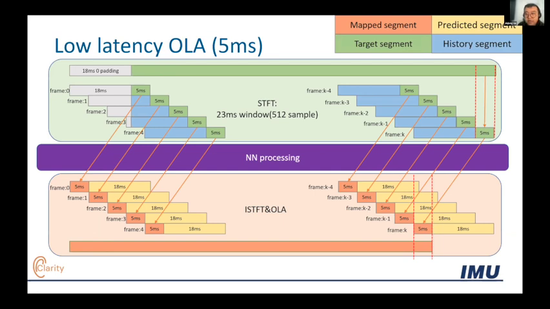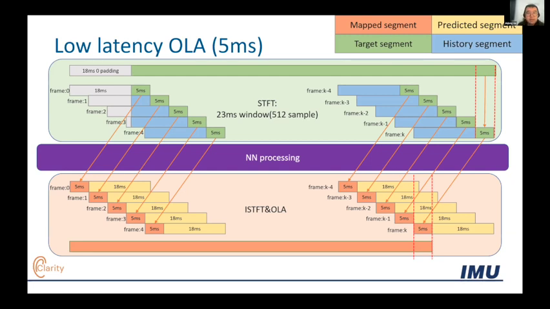So we basically use the current 5 millisecond segment to predict its clean signal, and use the historical 80 millisecond segment to increase the frequency resolution in the TF domain. And the remaining 18 milliseconds of neural network output is used as the prediction of the future signal to smooth the estimation result.